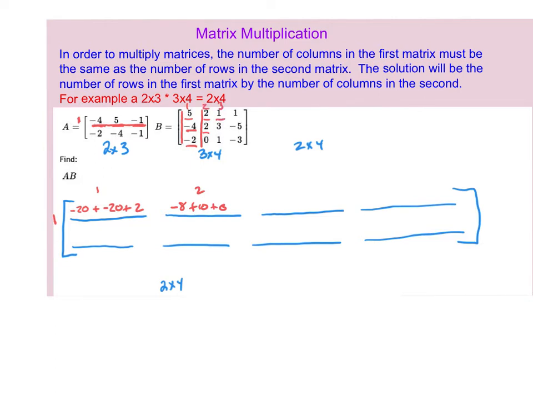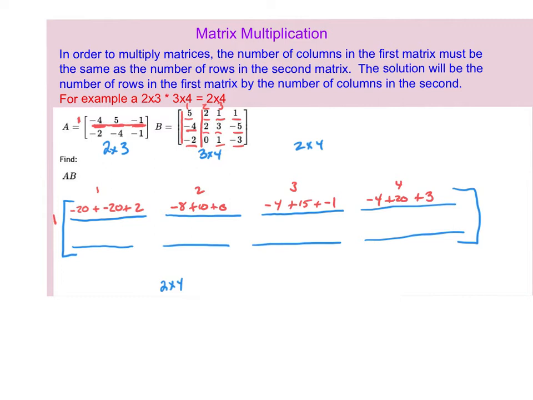So negative 4 times 1 is negative 4. 5 times 3 is plus 15. Plus negative 1 times 1 is negative 1. So that's going to be row 1, column 3. Now, row 1, column 4. I have negative 4 times 1 is negative 4. Negative 4 times negative 5 is a positive 20. Negative 1 times a negative 3 is a positive 3.